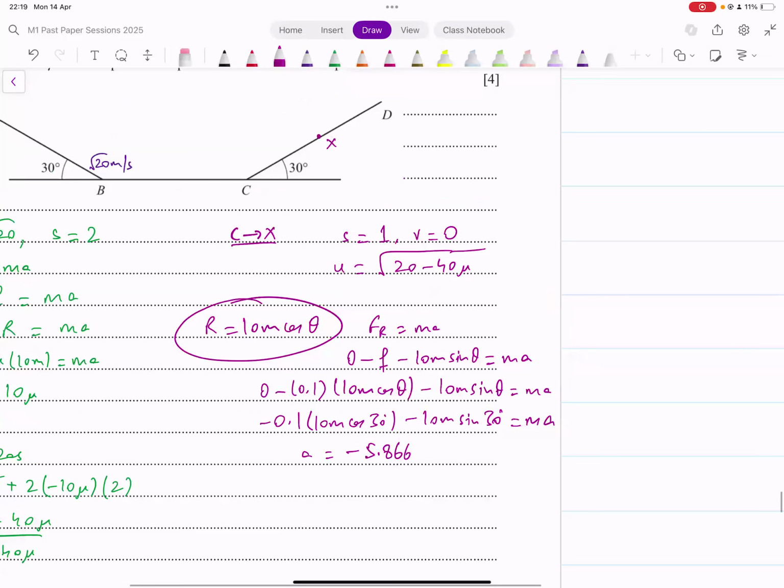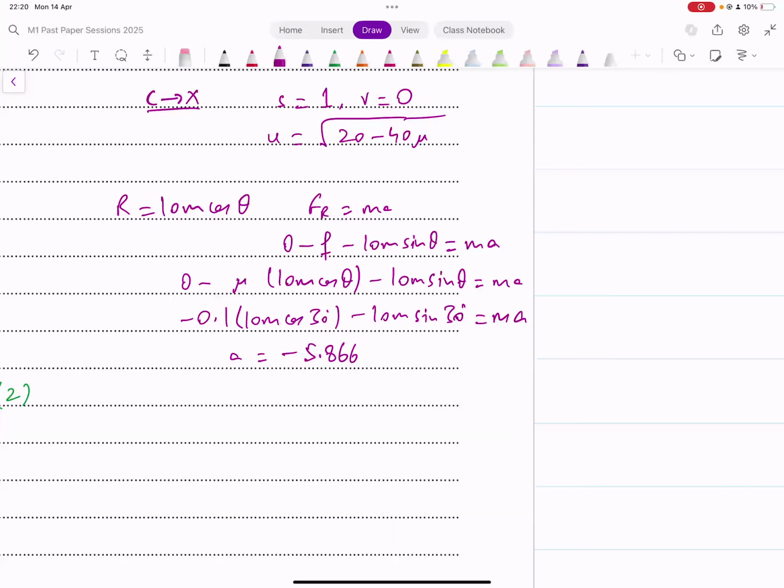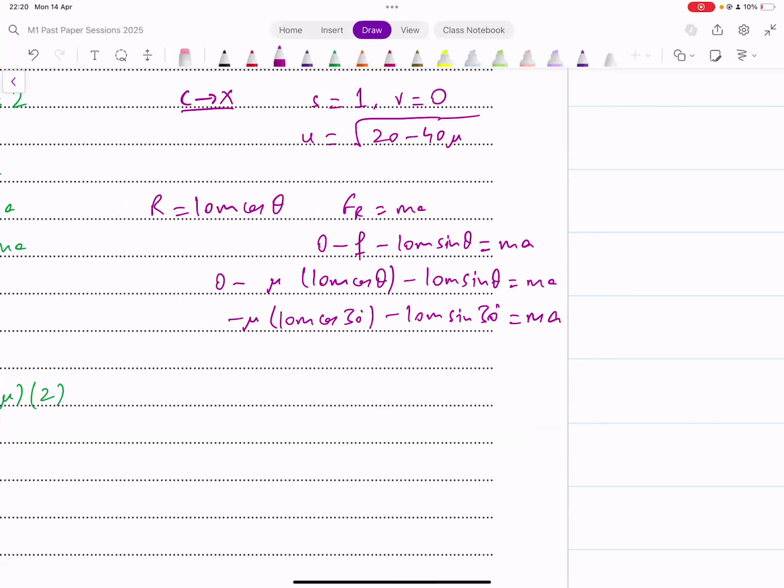So we'll not input mu equal to 0.1 anymore. We'll keep this in terms of mu. So this becomes mu, and then minus mu times 10m cos 30. And we're left with a equal to minus cos.